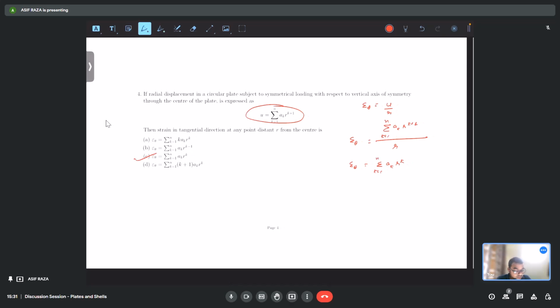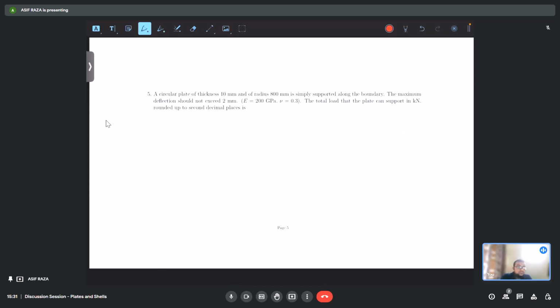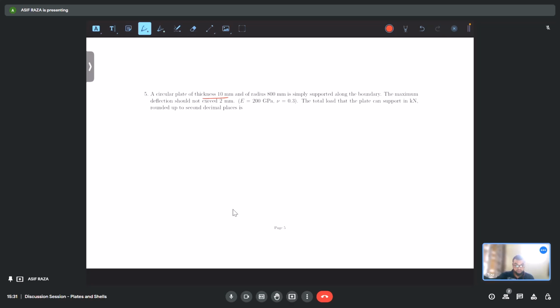Quite simple. Now the fifth question: a circular plate of radius 800 mm and thickness 10 mm is simply supported along the boundary. The maximum deflection should not exceed 2 mm, and the material parameters are given as this. We need to find the total load that the plate can support in kilonewton.